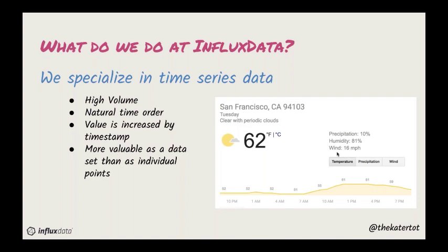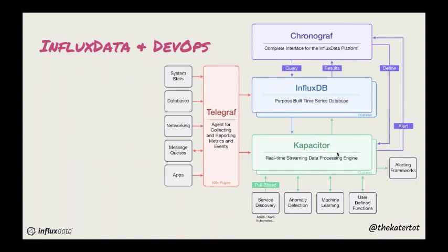Now at Influx, we think this means that you need a place to store this kind of data. You need a way to collect it. You need ways to take action based on it, and you need to be able to visualize it. So that's where we spend our time and effort.